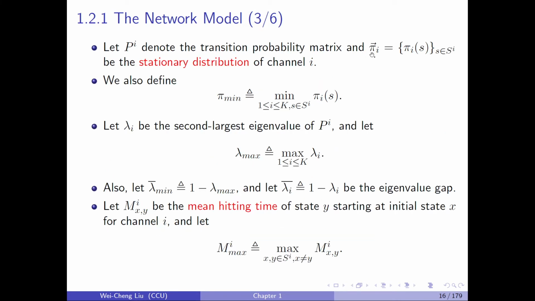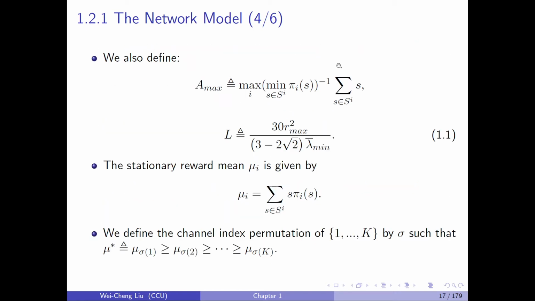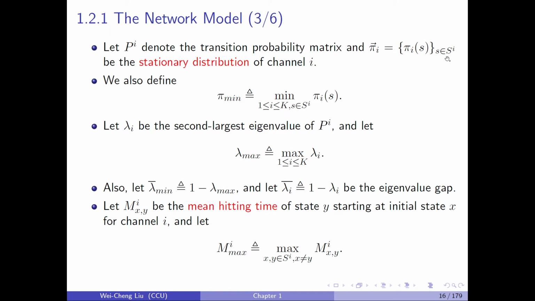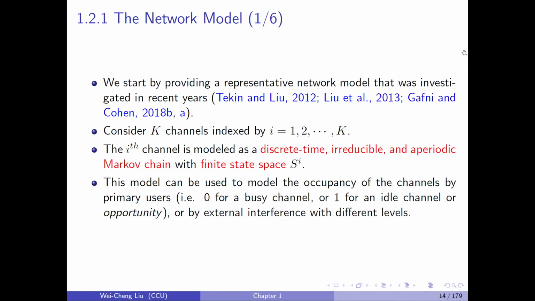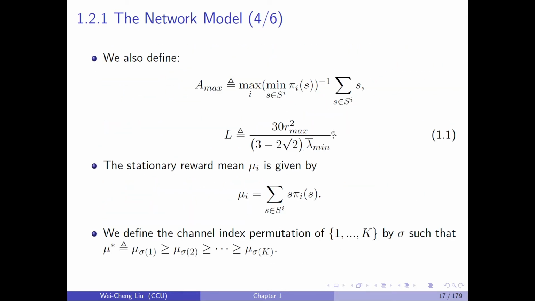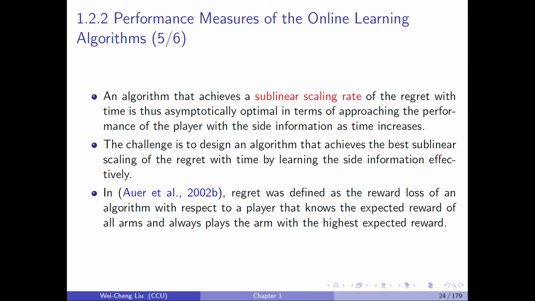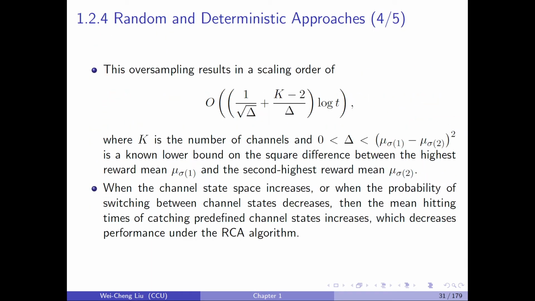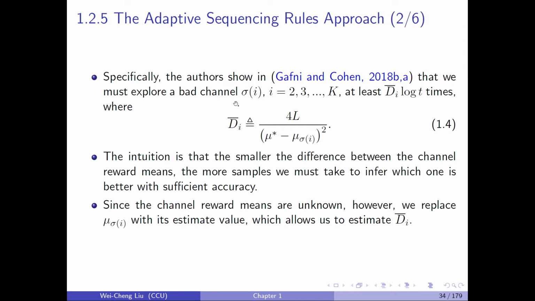The vector pi I, equal to pi I of s where s is in capital Si, is the stationary distribution of channel I. And what is capital Si? Capital Si is the finite state space of the ith channel. So we have reviewed what d bar I is.